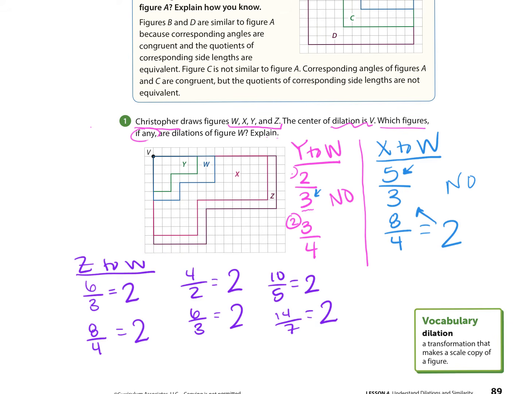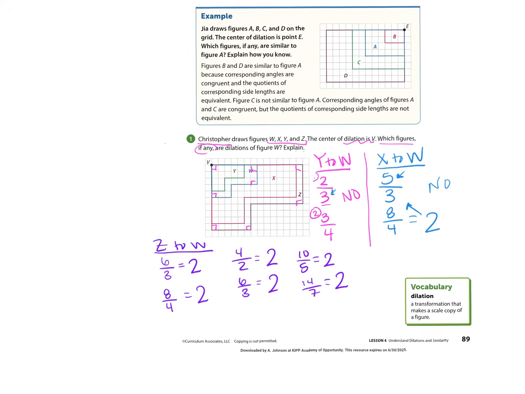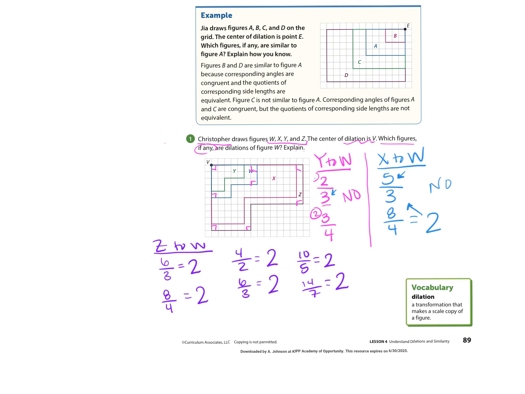The angles need to be congruent. In the pre-image, everything is a right angle. Well, in Z, everything is still a right angle. So now I can say which figure is the dilation.